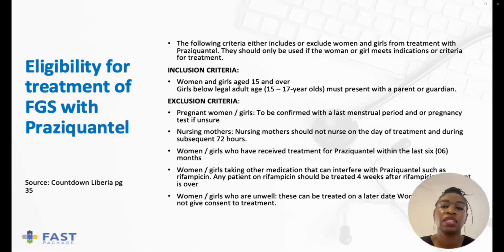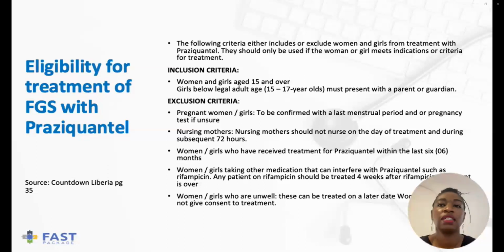Then people who've received praziquantel over the last six months, and if you're on any other medication that can interact with praziquantel, such as rifampicin. Rifampicin has a major interaction with praziquantel, and it's often a drug inducer, so an enzyme inducer.